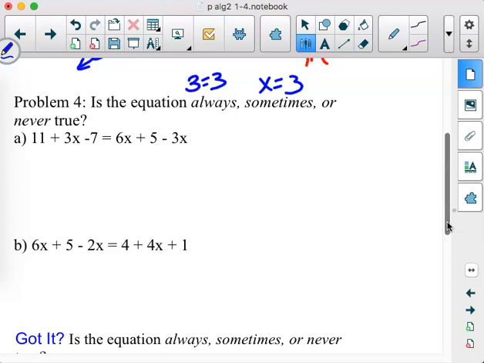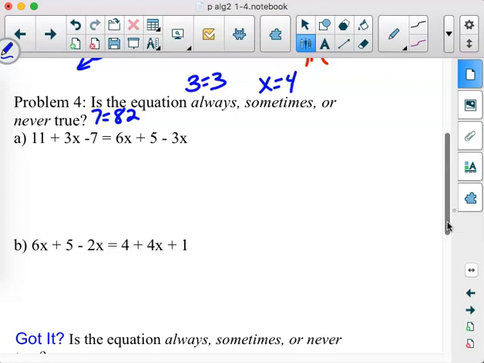We just get an answer, like x equals 4. So we got one answer. That's a sometimes. Never true. 7 equals 82. That's never true. So we go through the steps that we would normally go through when we're solving, but strange stuff happens. If it doesn't, then it's a sometimes, because we are going to get one answer.